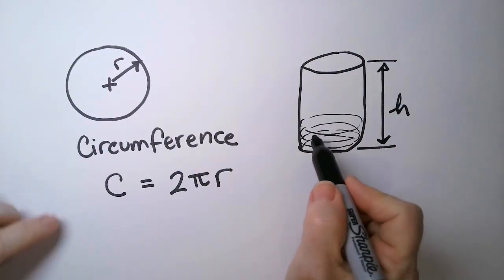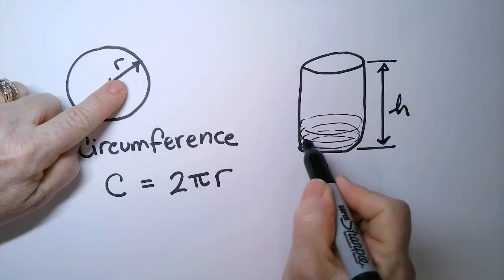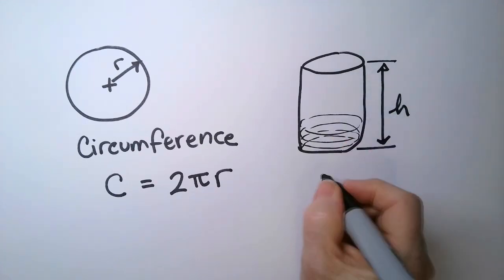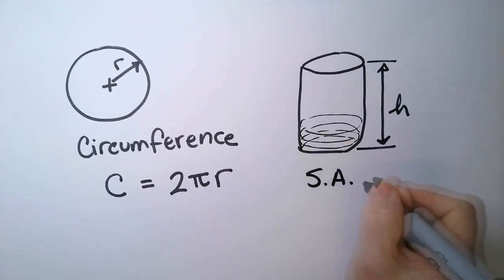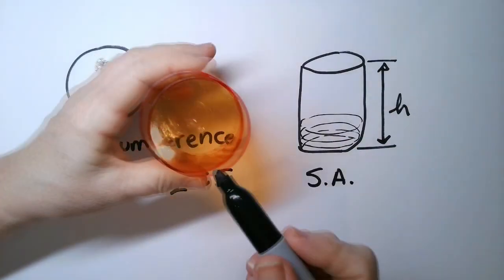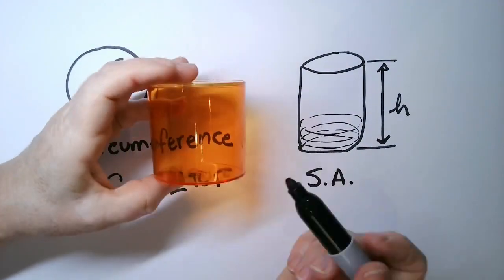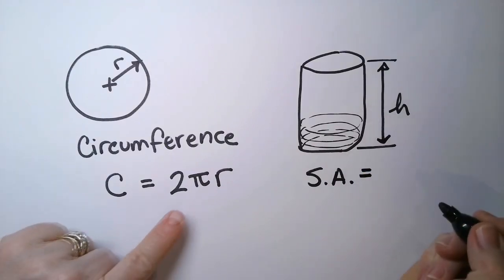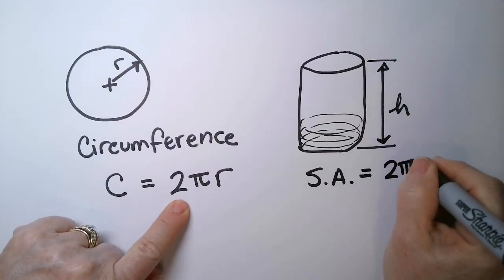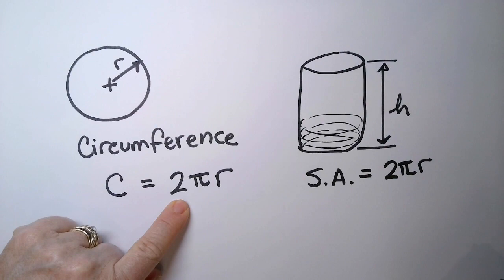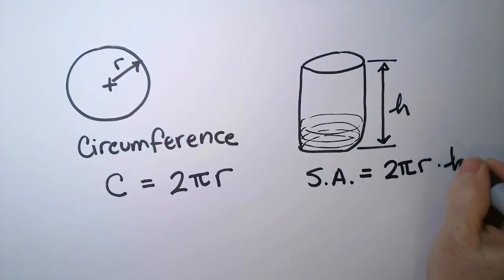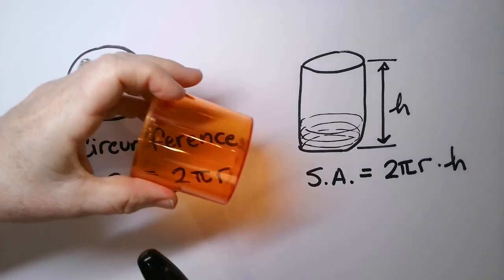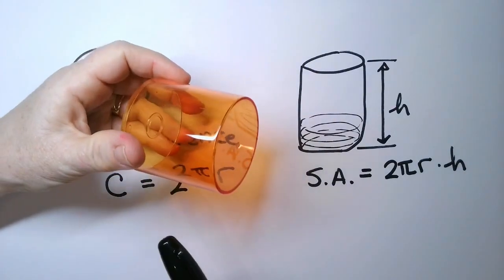If I know the perimeter once around on the bottom pancake, but then I keep stacking them higher and higher, I can get something called the surface area, which is the perimeter multiplied by the height. So the perimeter is 2 times pi times r, and the height is h, however tall you want to make it. That's the surface area just of this curved bit.